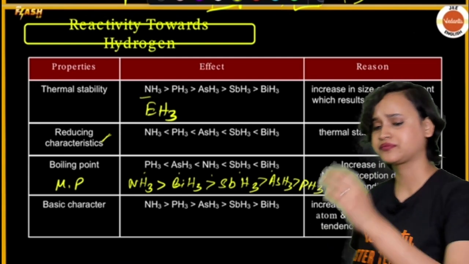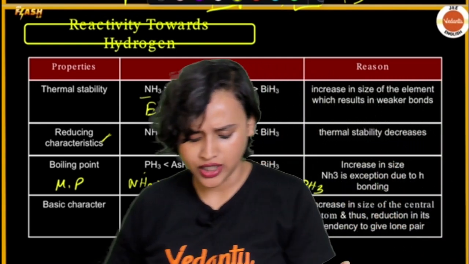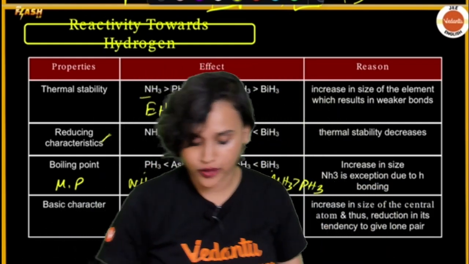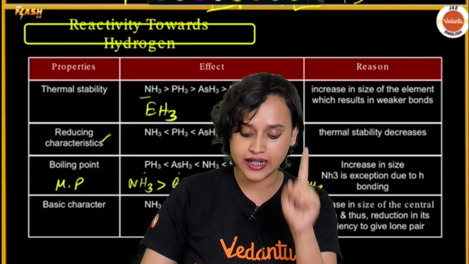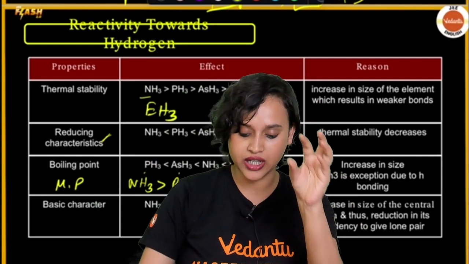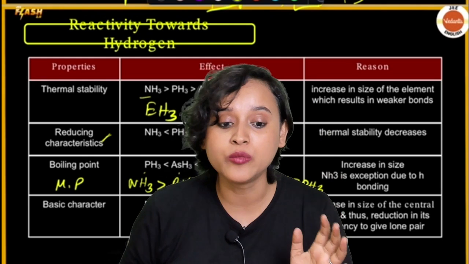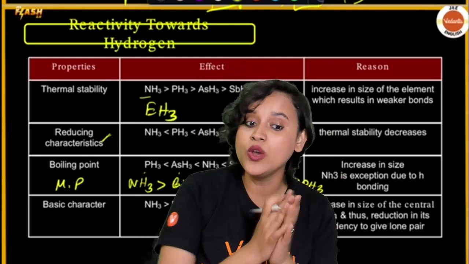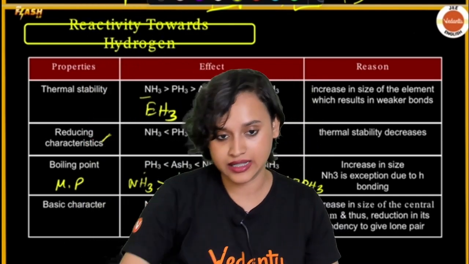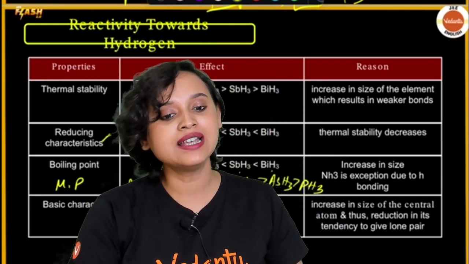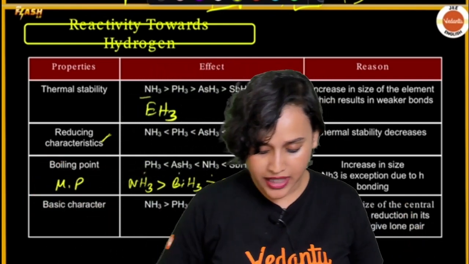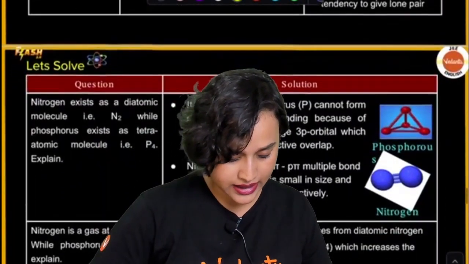PH3 has the least melting point. The reason for the boiling point is the increase in size, and NH3 is an exception because of hydrogen bonding. In NH3 you see hydrogen bonding, which is why its boiling point is increased. So this is slightly important. Basic character I have already told you. I think that's it, okay?